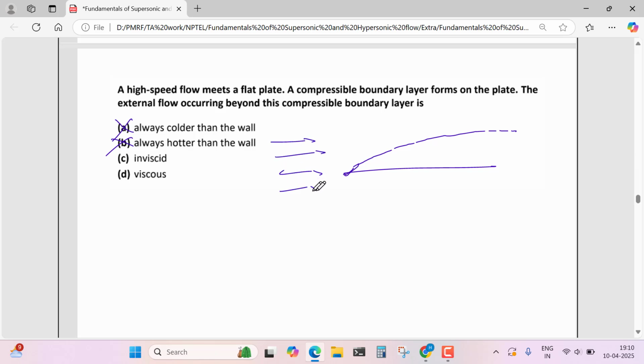So we already know that most of the viscous effect will be inside the boundary layer. Beyond the boundary layer, the effect of viscosity will be very negligible and the flow is considered inviscid. So the true option will be option C, and there will be no viscosity effect. So option C is the correct option.